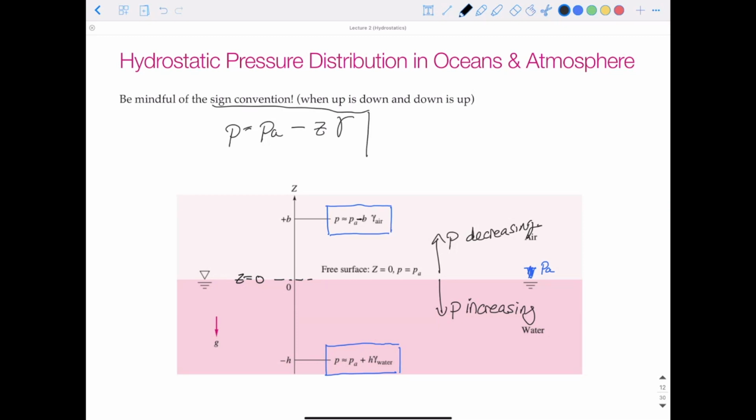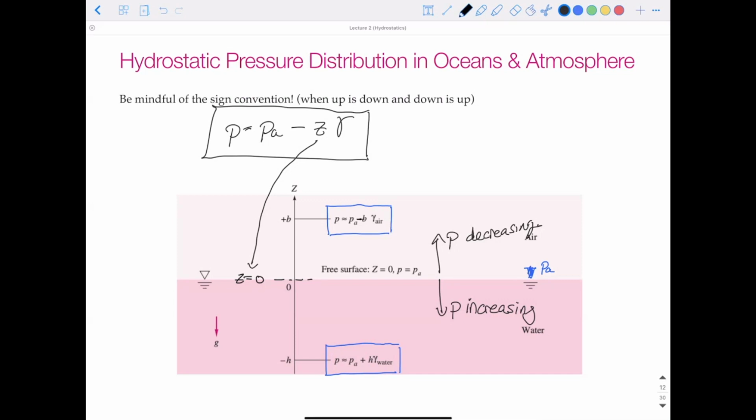This is probably the easiest to use, assuming that z is equal to 0, and that corresponds to your atmospheric pressure, or your pressure at that free surface. This is just a simplification for when we're talking about bodies of fluid or water open to an atmosphere.